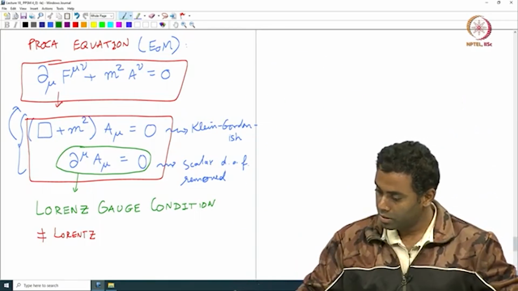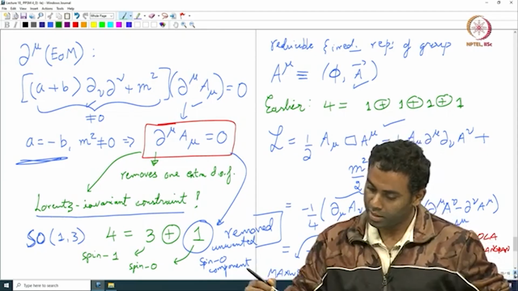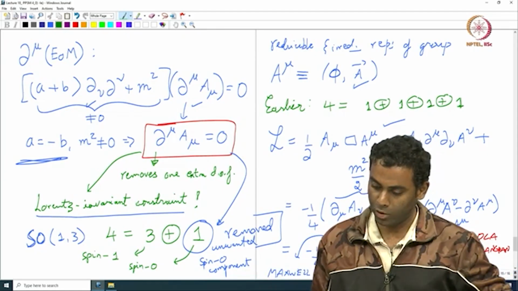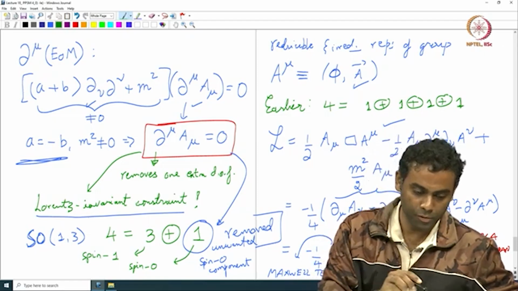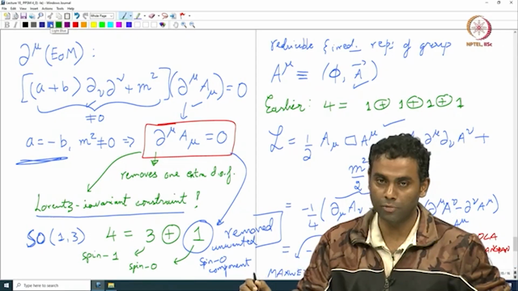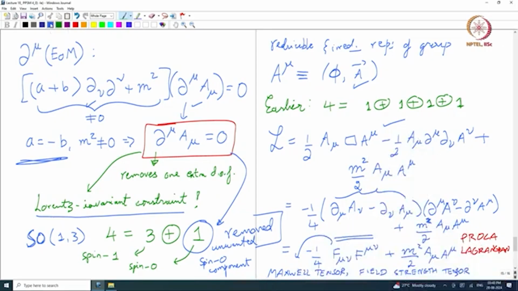Now one neat thing can already be seen in the Lagrangian when you write it this way. Remember way back when we were in the lecture on Feynman diagrams, I said that certain interaction vertices are allowed and certain others are not allowed.